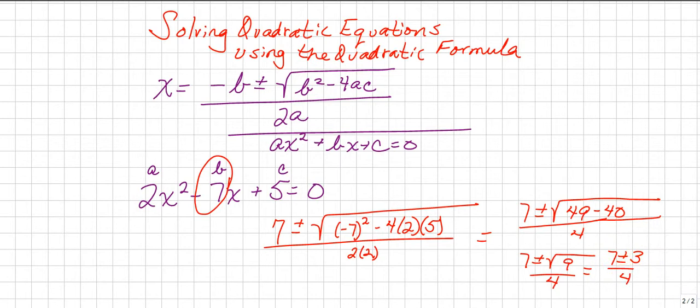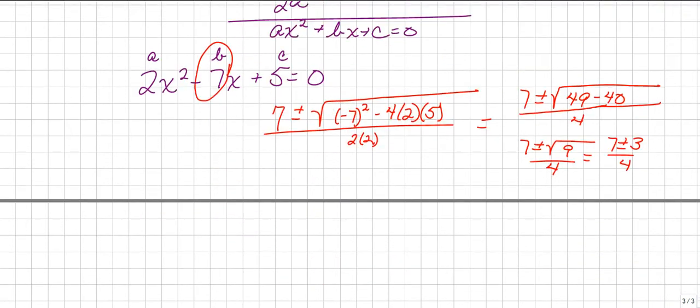And now you just combine the numbers together to get your two answers. So you just go 7 plus 3, which is 10/4. And then you go 7 minus 3, which is 4/4, which is 1. And then 10/4 can be reduced to 5/2. So the solutions are 5/2 or 1.